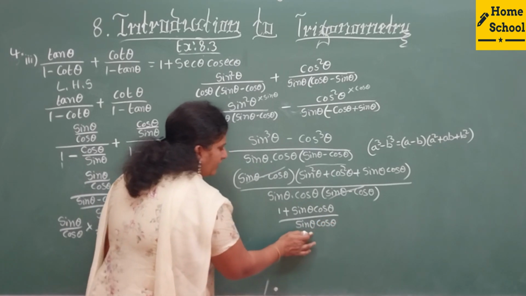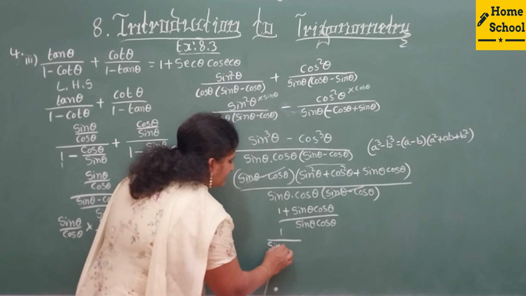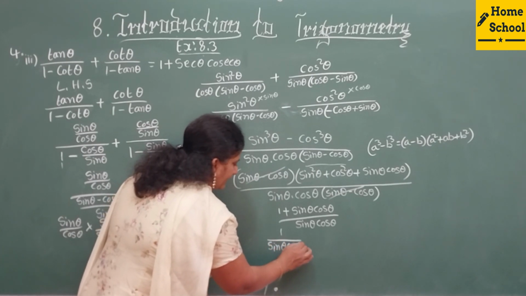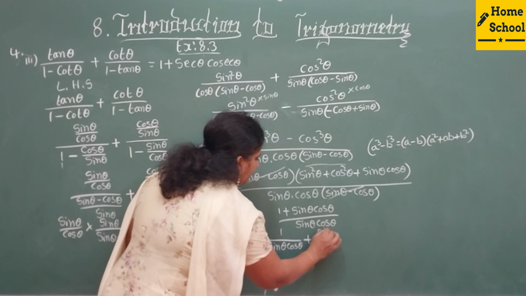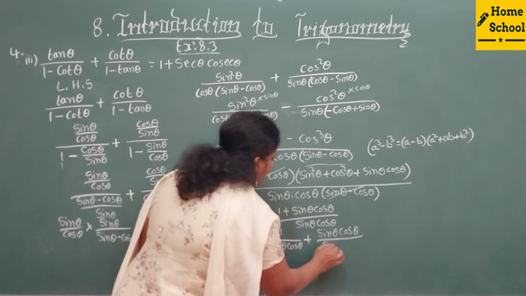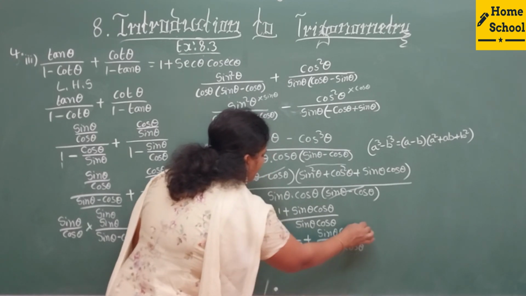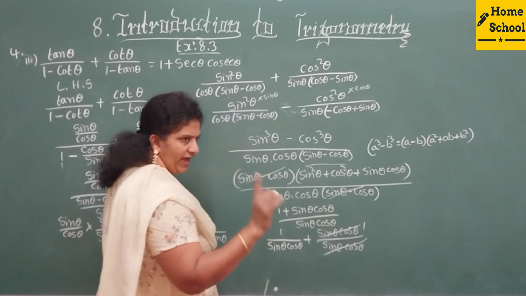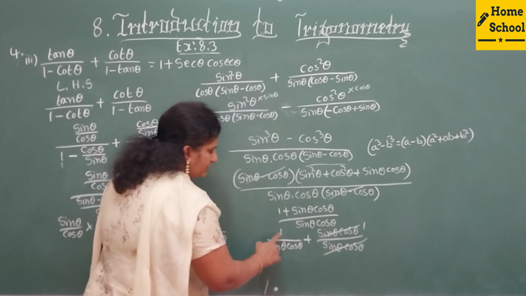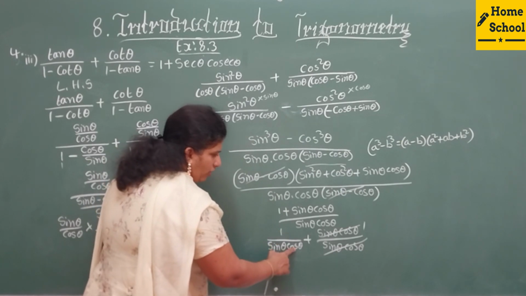Split the denominator for both the numerators. 1 by sin theta cos theta plus sin theta cos theta by sin theta cos theta. Now this one will be cancelled and you are left with 1, and this becomes, split the numerator, 1 by sin theta into 1 by cos theta.